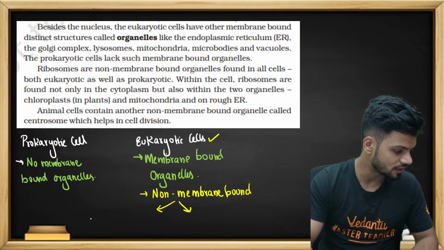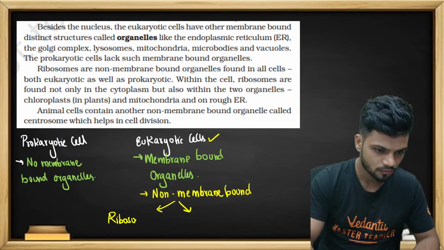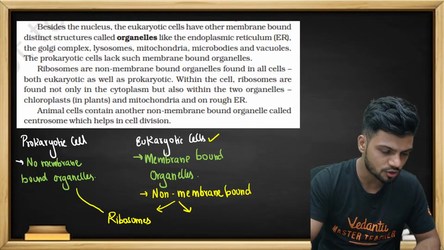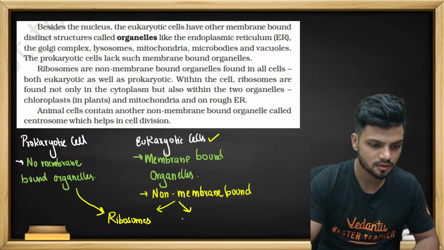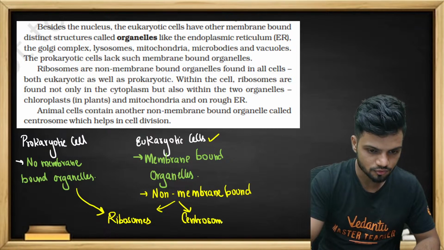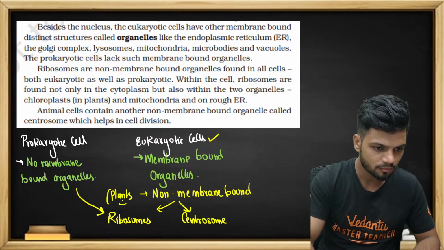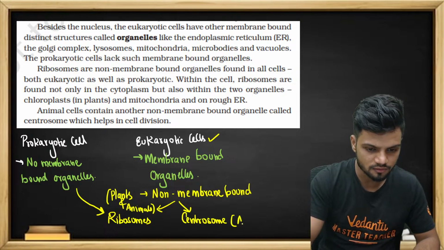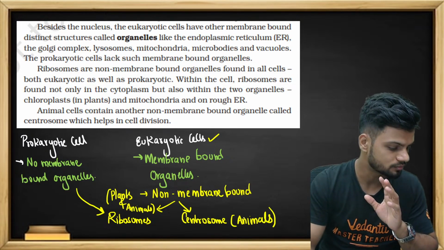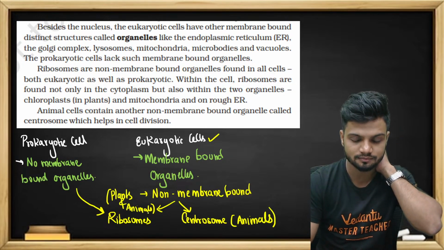The first one is ribosomes, which are also found in prokaryotes. The second one is centrosome. Ribosome is found in both plants and animals, but centrosome is only found in animals. These are the non-membrane bound organelles in the eukaryotic cell.